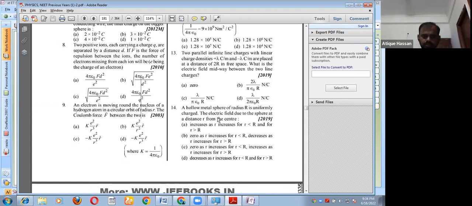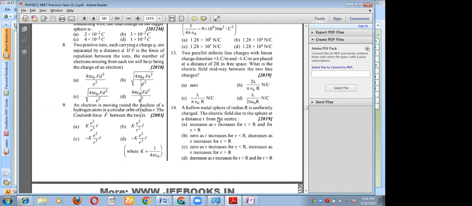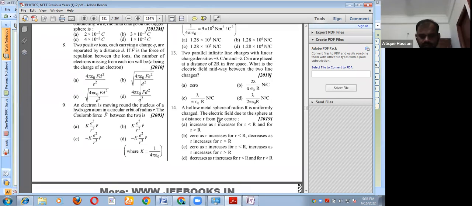Have you understood what I'm saying? You're saying that we have to apply the formula of electric field, 1 by 4 pi epsilon naught Q by R square. Okay, but in the question it is given that there is a hollow metal sphere.